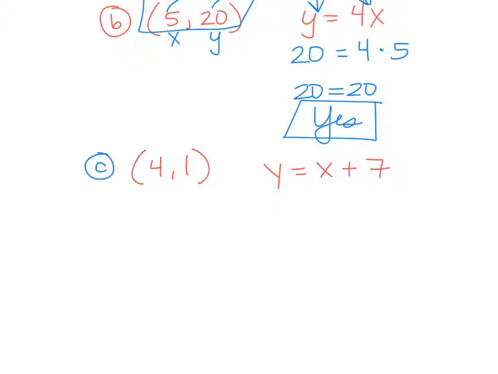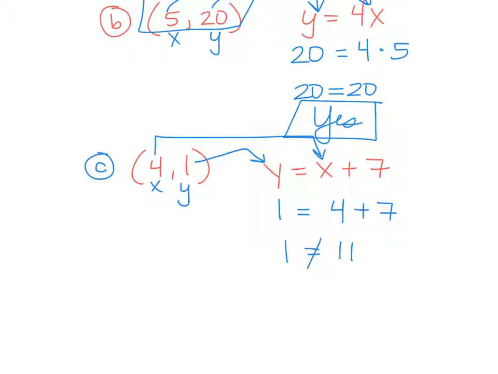X is 4, y is 1. So this is going here, and this is going there, right? So we're saying 1 equals 4 plus 7. So 1 equals 11, which is not true. 1 does not equal 11. So it is not a solution. We would say no, this is not a solution.